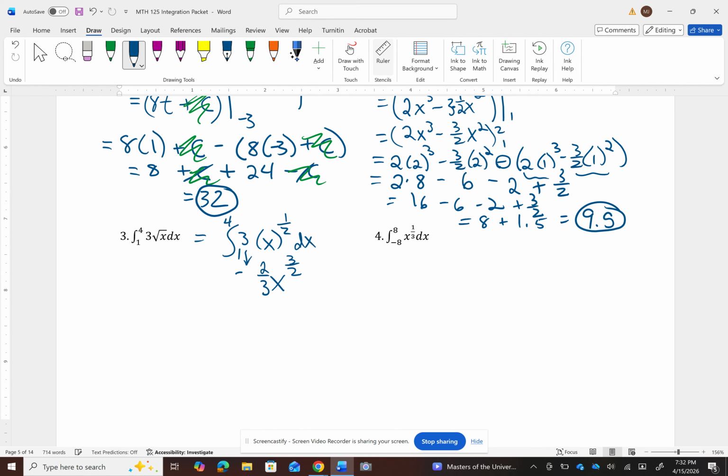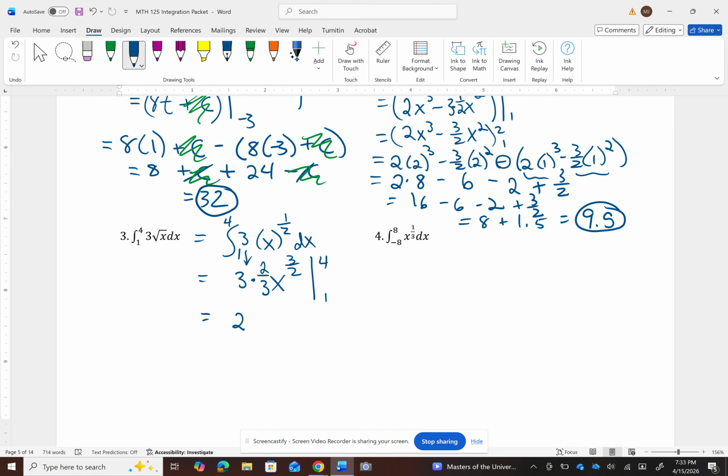But I got to remember there was a constant that needed to be dragged along. And don't forget, this is going to get evaluated. Okay. And so you do that little vertical line, and then you put the limits of integration over there. All right, so now I'm going to clean up the expression a little bit, because doesn't that just turn out to be 2?